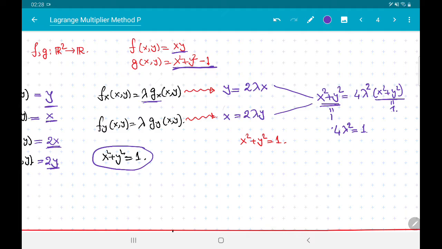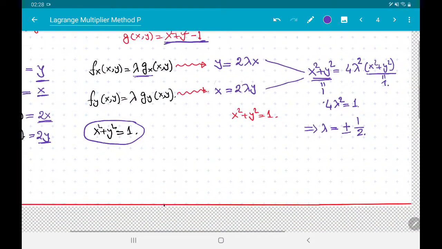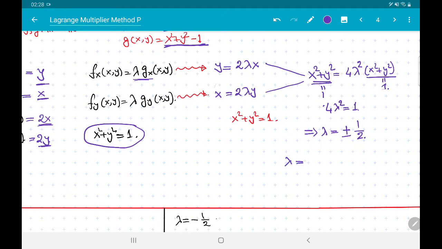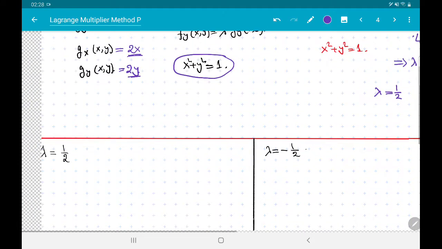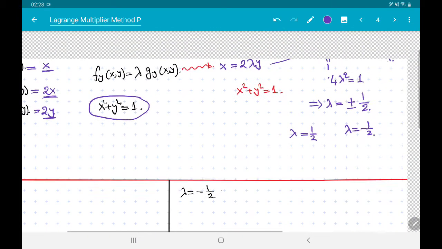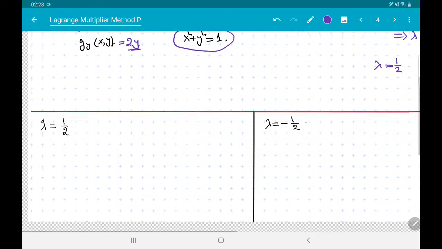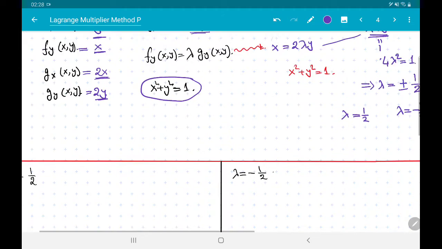If 4 lambda square is equal to 1, we have lambda equal to plus minus half. So we have two values for lambda, half and minus half, and let us analyze both cases rather carefully. If lambda is equal to half, then what do we have?